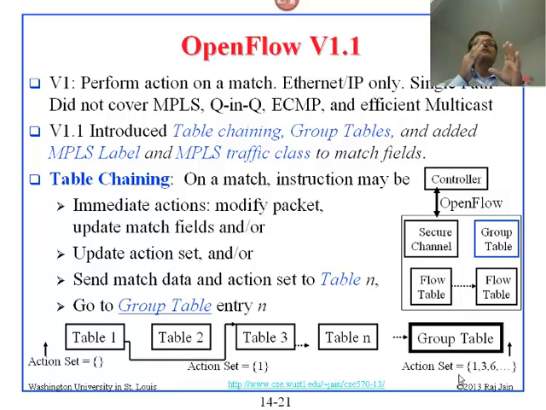If something happens, then you do table 2. If something else happens, you do table 3. One of the examples of that is the MPLS table. If this MPLS tunnel is ending here, then you take out the label and do something with that packet. So it is general if-then-else.